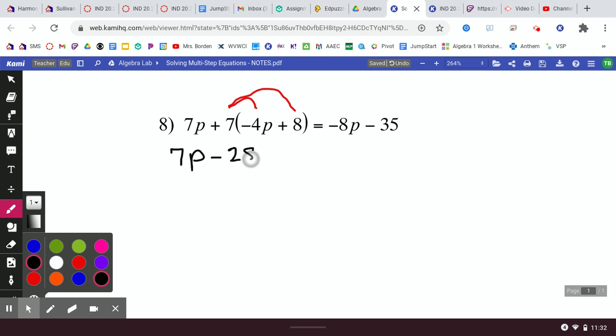Negative, right? Make sure the negative. Negative 28p. And what's positive 7 times positive 8? Not adding, we're multiplying. Okay, so plus 56. And that's everything on the left side equals. And then I'm just going to write all this out just as it is because I don't have anything to distribute over there. All right? Corbin, what would you do next?